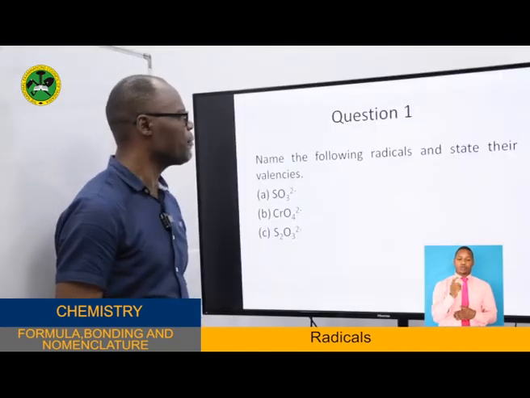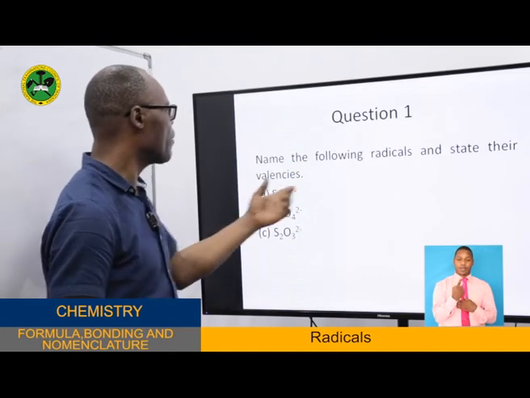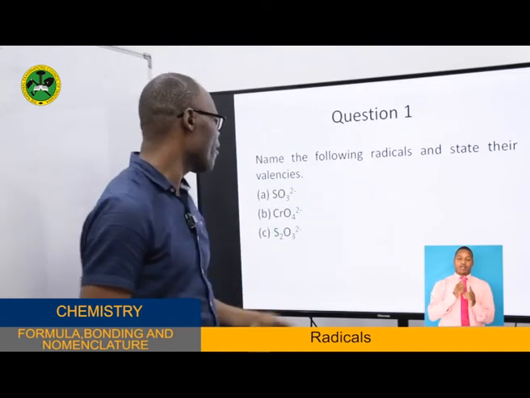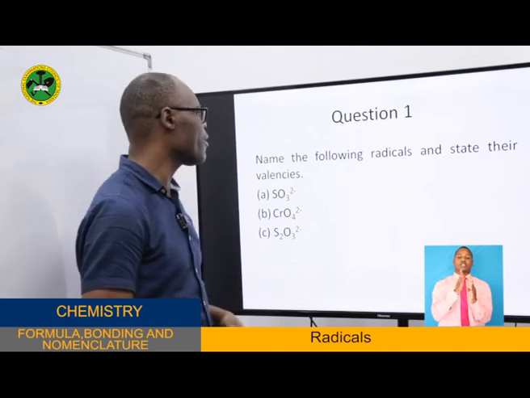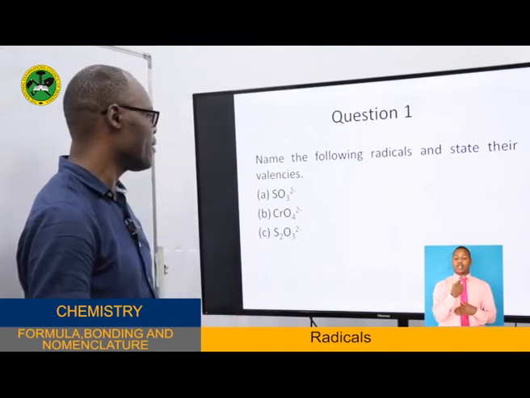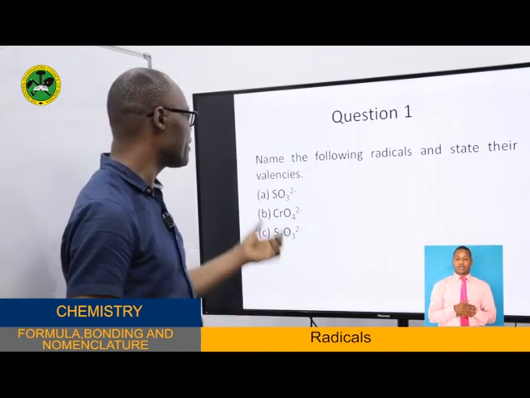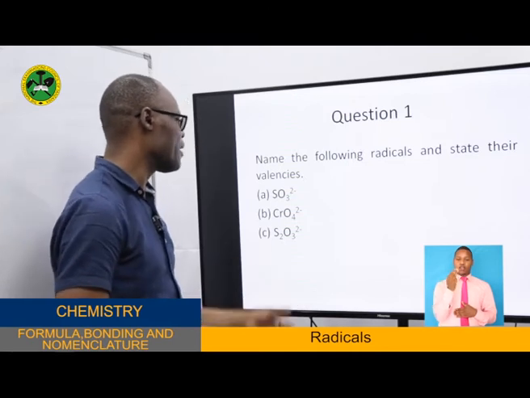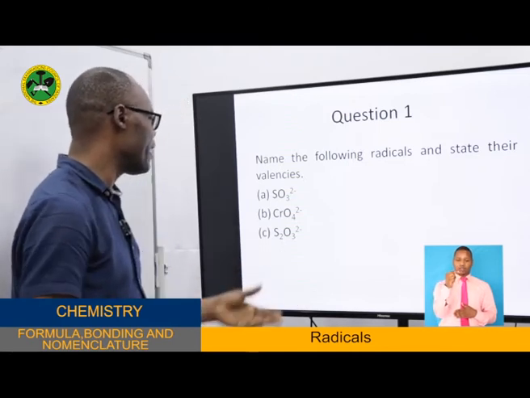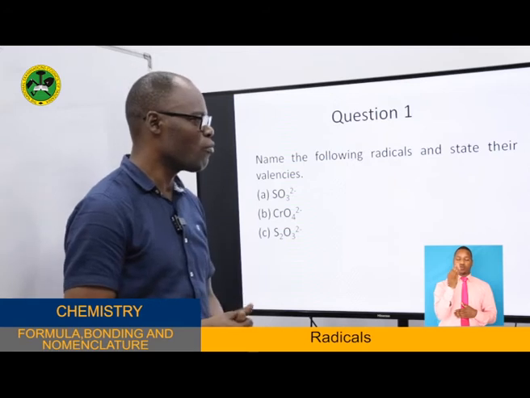Our first question is saying, name the following radicals and state their valencies. The first one is SO3 2-, the second one is CrO4 2-, and the third is S2O3 2-.